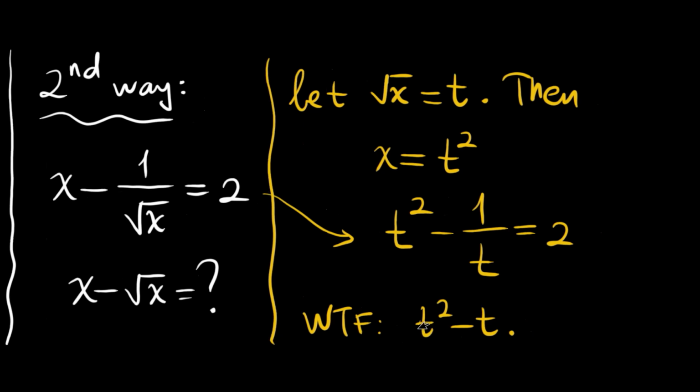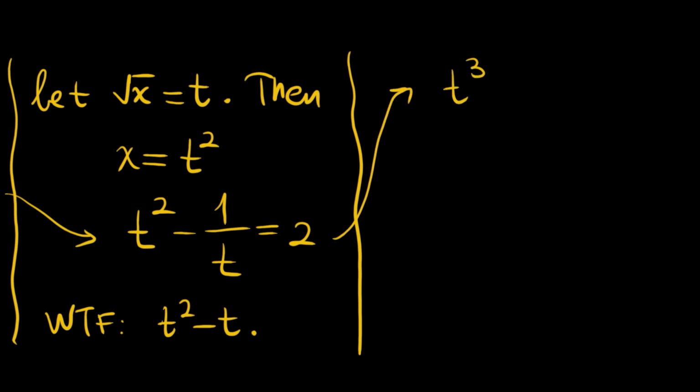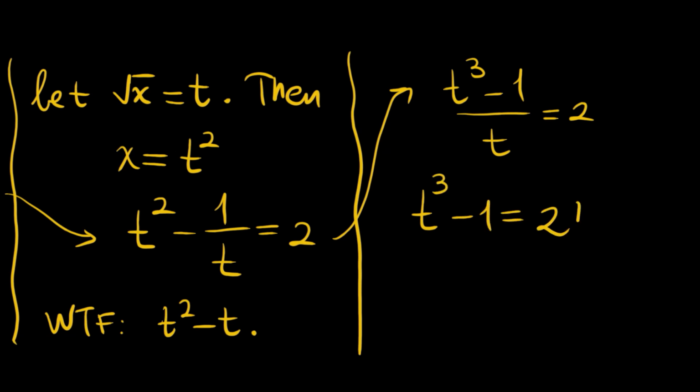Now let's just write our equation like t³ - 1 = 2t, so t³ - 2t - 1 = 0.